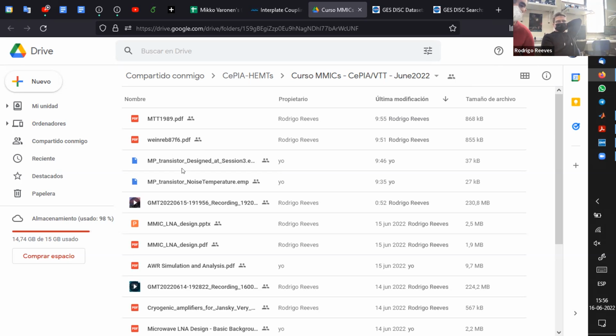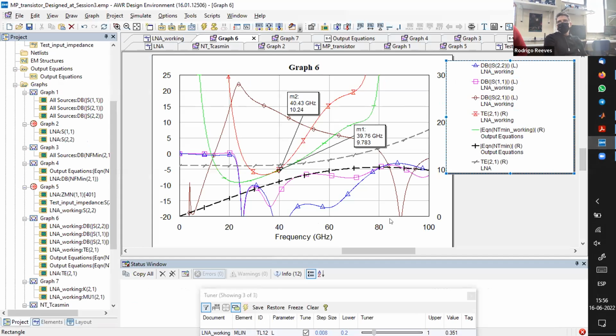So you can also play with this one on your own computers, and I suggest you do it now. Mikko can help you in doing the design. Here you have the current one we are going to work with now.